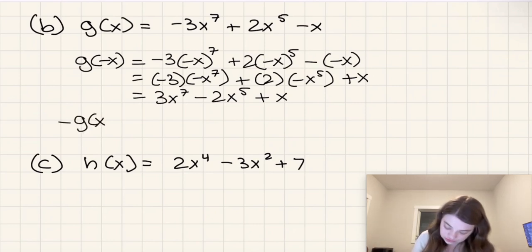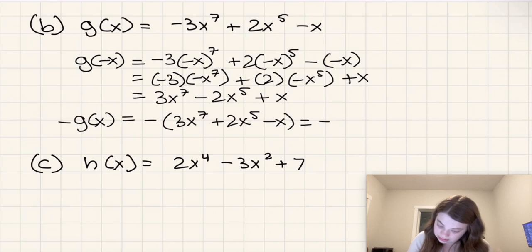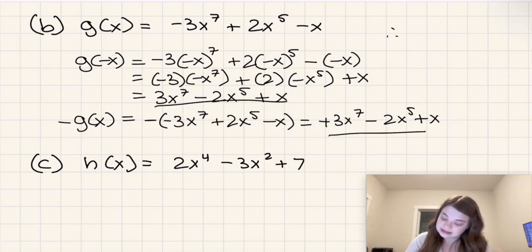The negative version of g of x would be negative 3x to the power 7 plus 2x to the power 5 minus x, and that is equal to positive 3x to the power 7 minus 2x to the power 5 plus x. And so the negative version of g of x is equal to g of negative x. And since these two are the same, that means this function is odd.